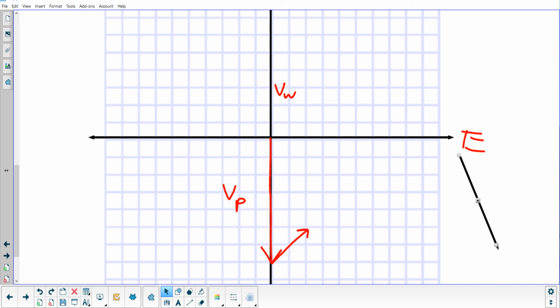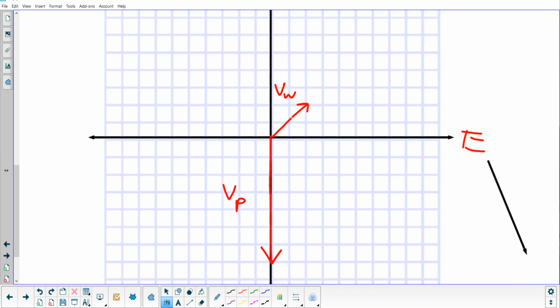So this is what we want to figure out numerically. There's a visual for what you're trying to find, that thing in black. So what we want to do is represent each one of these arrows as a vector that we can turn into i's and j's and add them up and get this one in black.